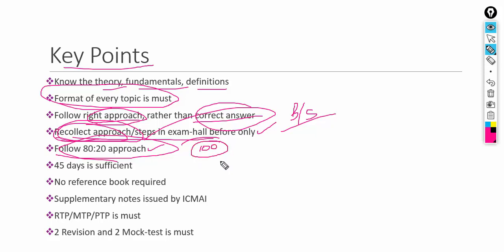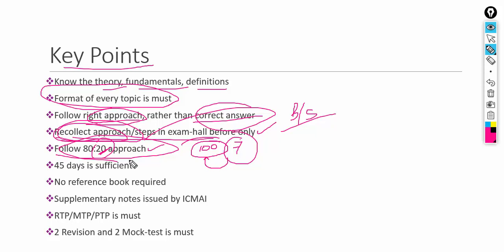I would say 100% rather, but you need to know the complete thing so that you can ignore this 20%, not completely, at least prepare the basics of those 20% topics. But if you prepare those 7 topics and subtopics 100%, getting the marks is not a totally difficult task for you. That is 40 or 50%, whatever it is.